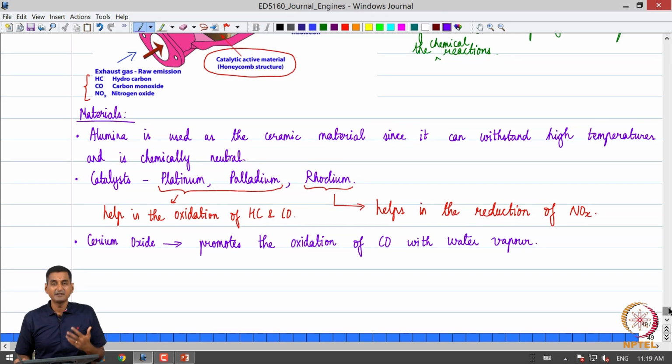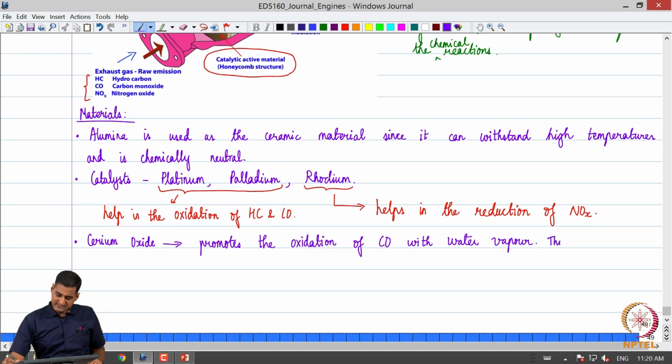Because when the engine is operated with a rich mixture, the oxygen content available in the exhaust gases may be small, and these are oxidation reactions, because unburnt hydrocarbon and carbon monoxide need to react with oxygen to get completely oxidized. If we do not have enough oxygen, particularly when the engine is operated with a rich mixture, cerium oxide would enable the oxidation of carbon monoxide with water vapor. That is the role of cerium oxide.